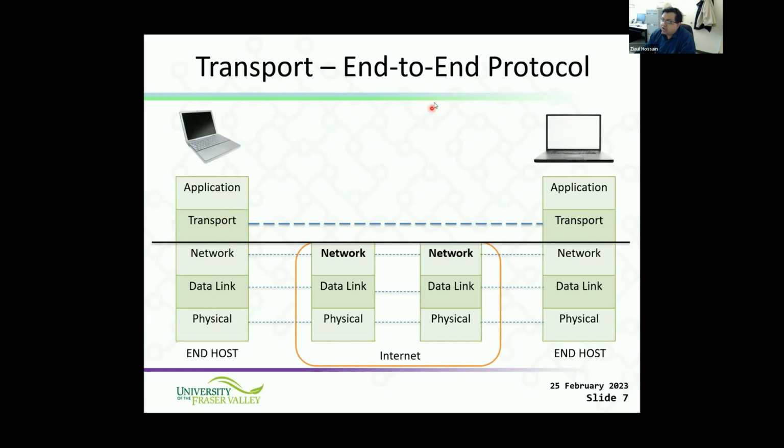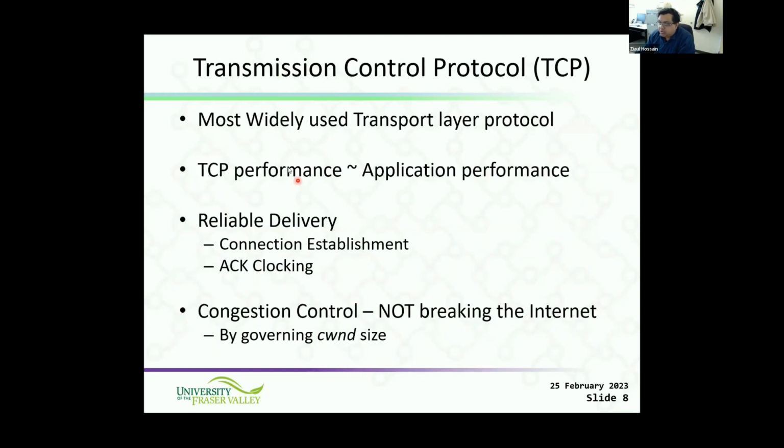This one is called an end-to-end protocol. And what does this transport protocol do? At the transport layer, we use a protocol called TCP, Transmission Control Protocol. TCP is important because it ensures reliable delivery, that whatever data you are sending is actually received on the other end. So TCP maintains that.